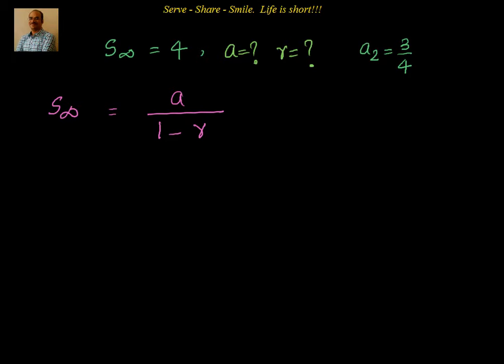Now what is the value of A2? If the first term is A, the second term is A into R, that is equal to 3 by 4.